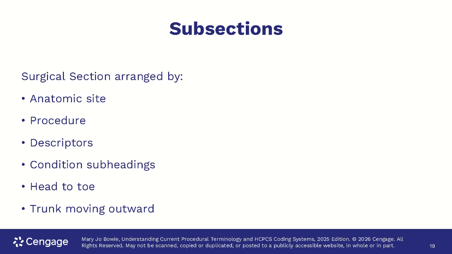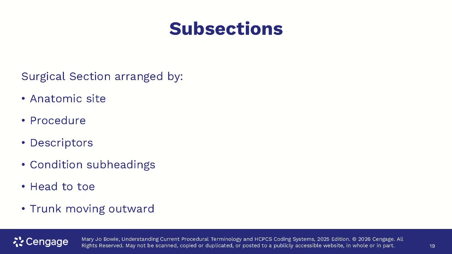So each section is arranged by the anatomical site, and I would encourage you to spend some time looking around because you'll see the color coding of the anatomical site, right? So, let's say you're in the respiratory system, you're going to see codes for the mouth, you're going to see codes for the lungs, you're going to see codes for the bronchus, right? So, it's really organized first by anatomical site.